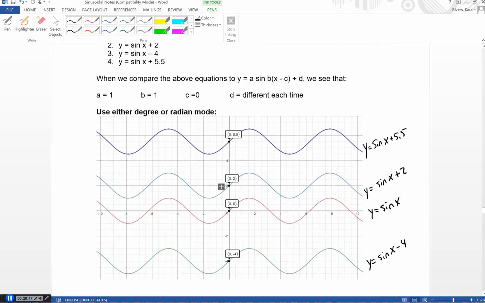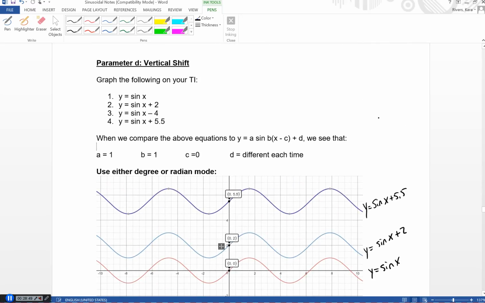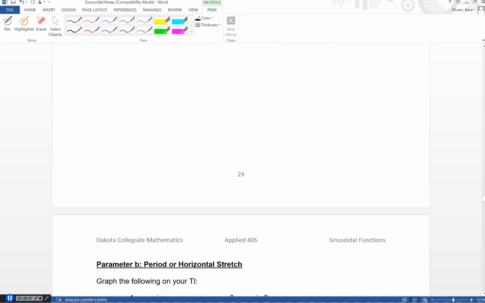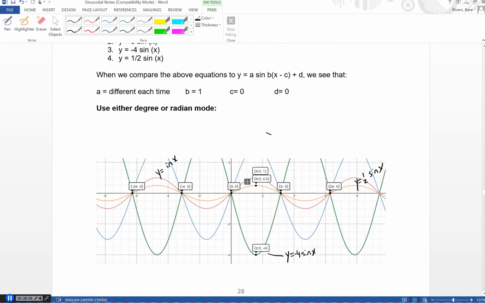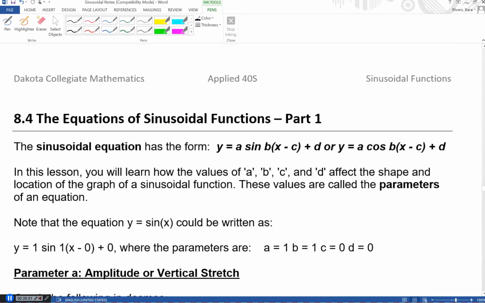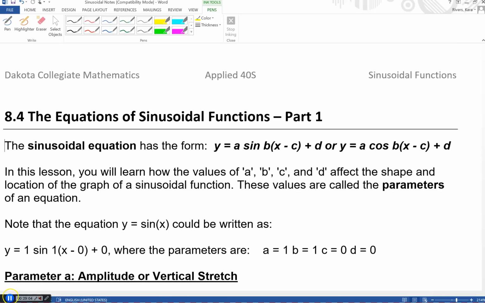So where are we going next? We know what A, B, C, and D mean. We have all of the values and we know what they mean. So now, if we go back to our first page here, and just scroll back, where we first started our notes, we've got our two sinusoidal equations.